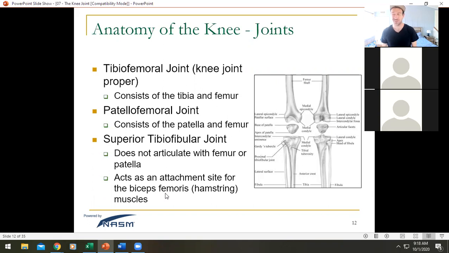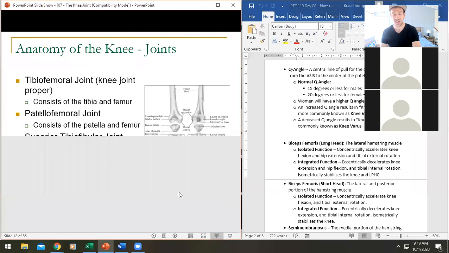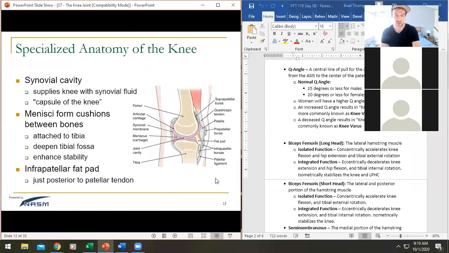I say it's evil because it's just really tight on me and it makes me cry. But this biceps femoris muscle is a muscle we're going to spend some time talking about today. When you have a knees-cave-in client, it is often because of this biceps femoris muscle. This little short hamstring muscle runs from about here and inserts right here. And it's a freaking jerk. So we're going to spend a lot of time talking about that muscle today.